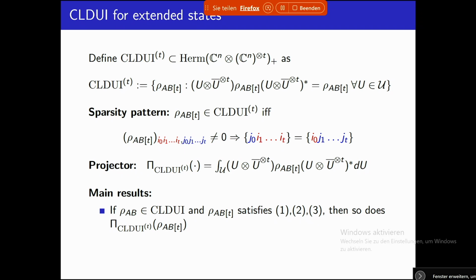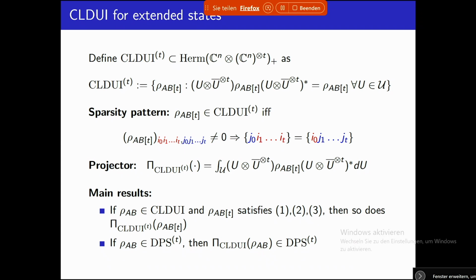So this is the first statement. And then the second statement is that if you have a state which lies in DPST, then projecting it onto the CLDUI subspace doesn't hurt this membership property. So somehow one could formulate both of these statements in one more compact statement, but I like thinking about them in these two separate steps.